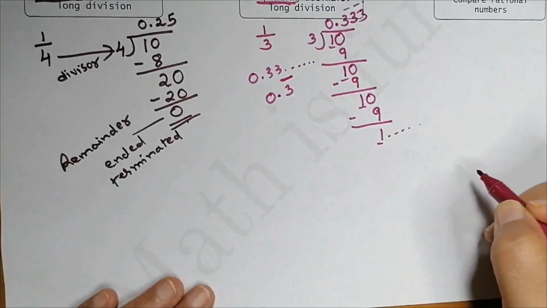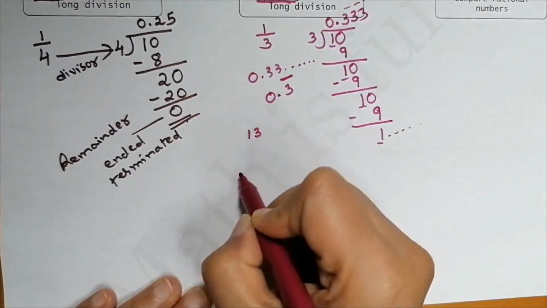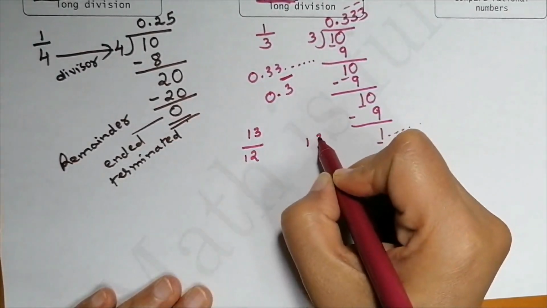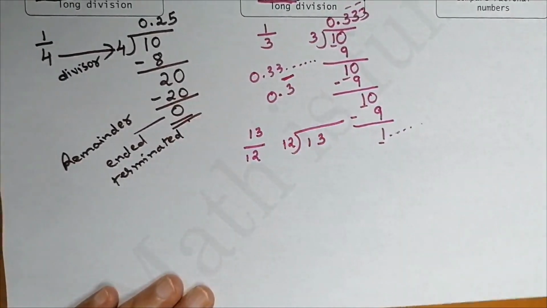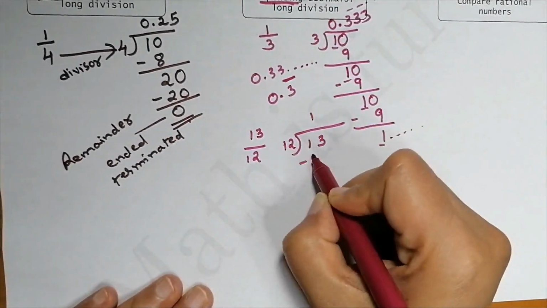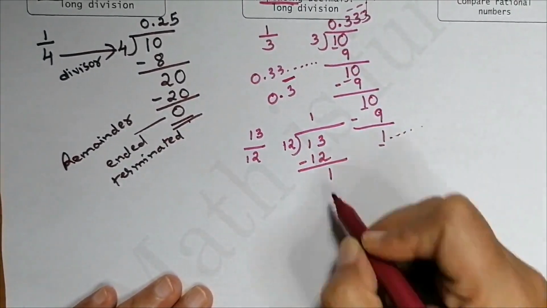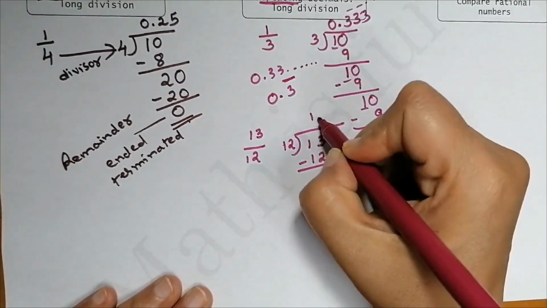So let's take one more example. Let's say we have a number 13 over 12, right? So 13 is inside here and 12 comes here, our divisor. 1 times 12 is 12, remainder is 1. 1 smaller than 12, so we put 0 and we put a decimal.